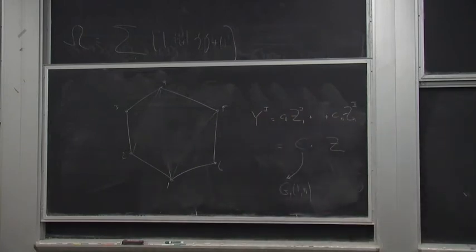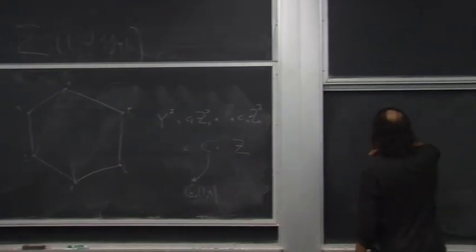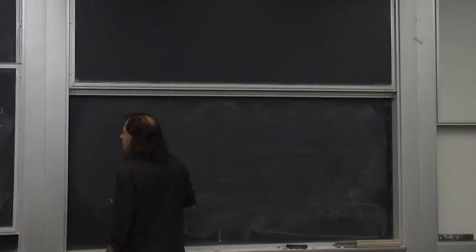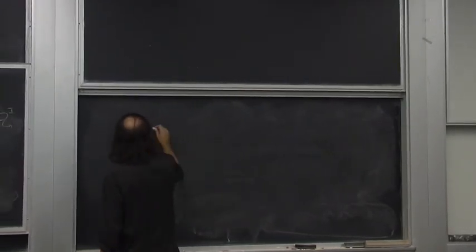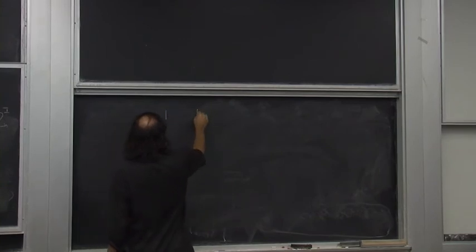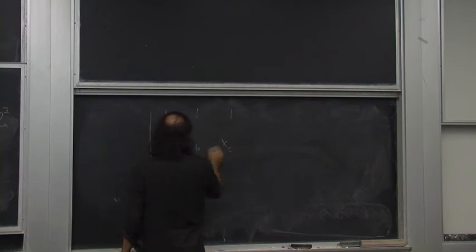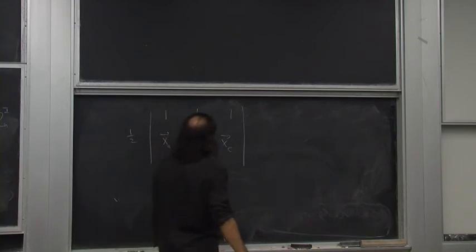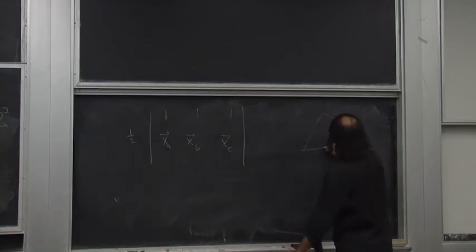Let me remind you, this is a formula with a half in front for the area of a triangle that you probably learned at some point in your high school education, probably grade 4 if you're from Eastern Europe or something. Okay. Probably college if you're American.